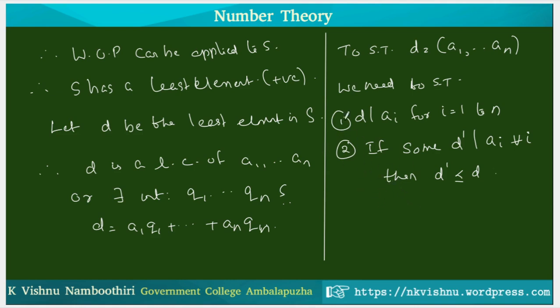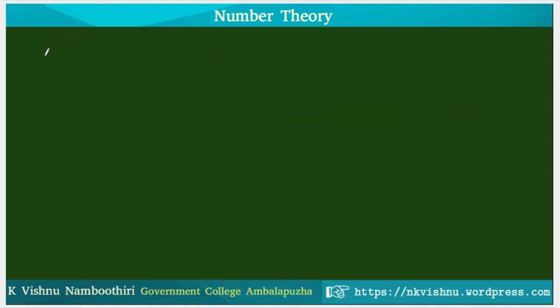To show the first part, we will just take ai to be equal to a1, so the proof for general i is also going to be the same. D divides a1?